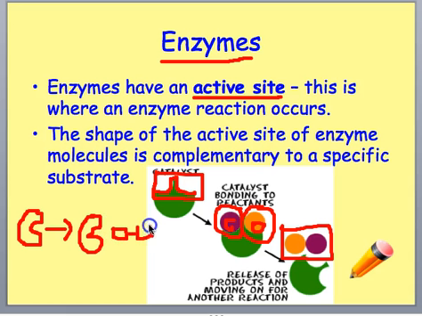I'm not going to draw lots and lots of molecules here, but if you think of this as a shape, that shape will fit into this active site here, and when it fits into that active site, it in actual fact breaks down the starch molecule to make smaller molecules of maltose.